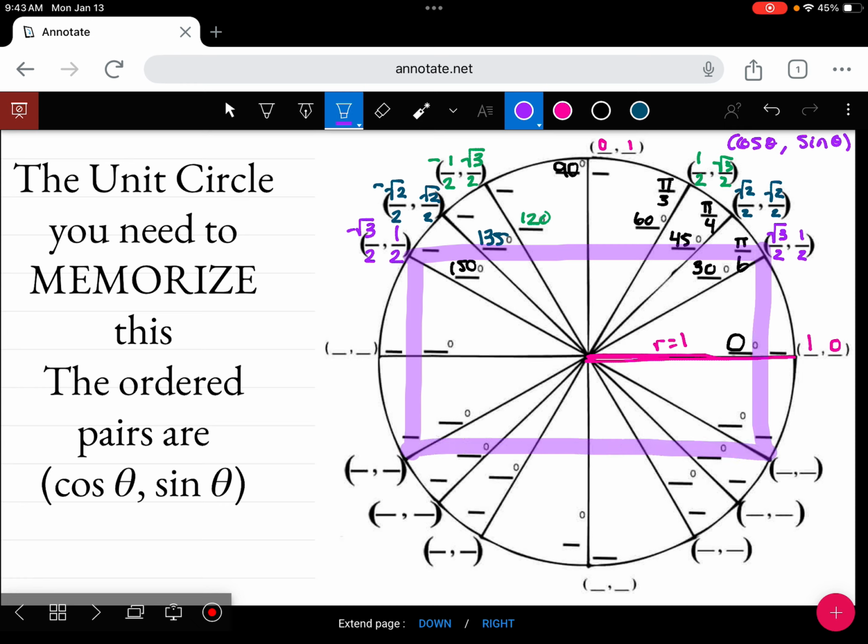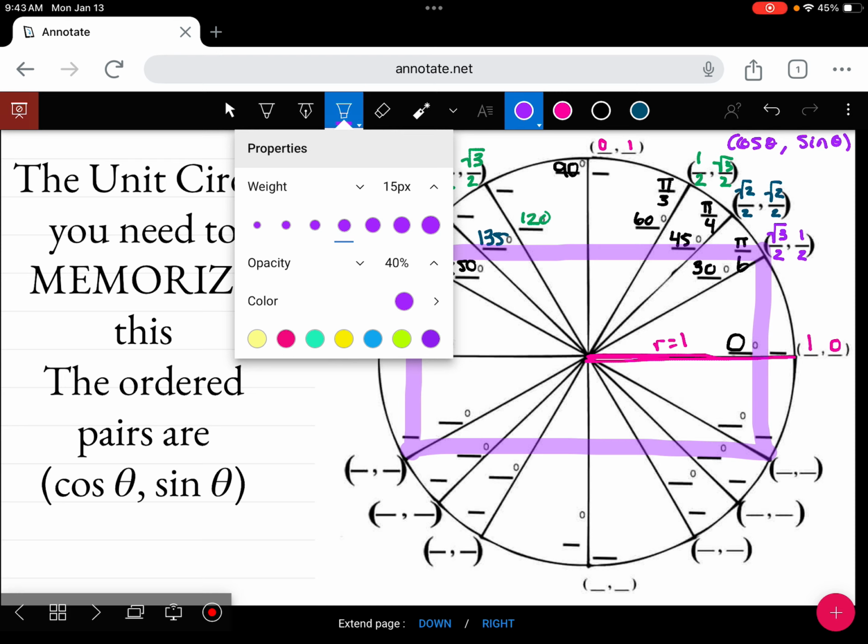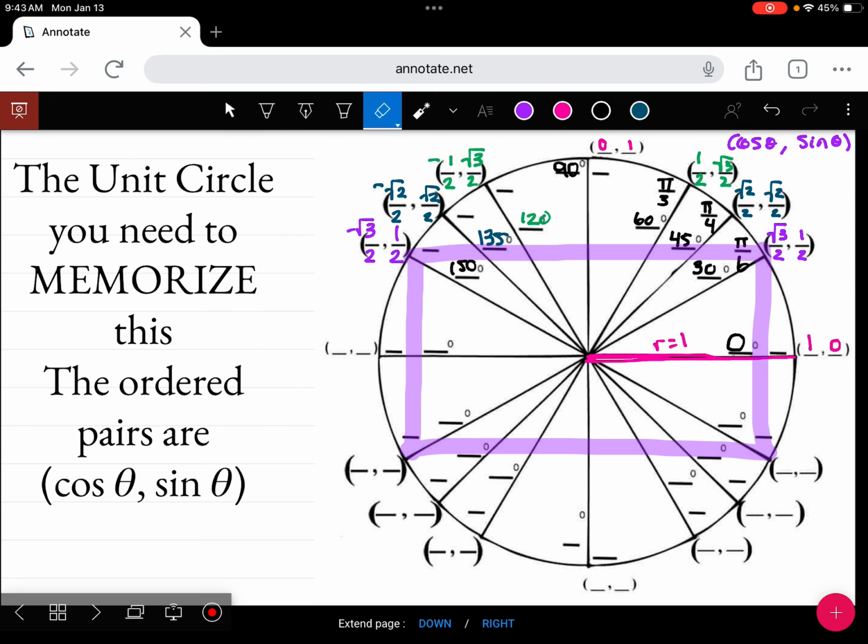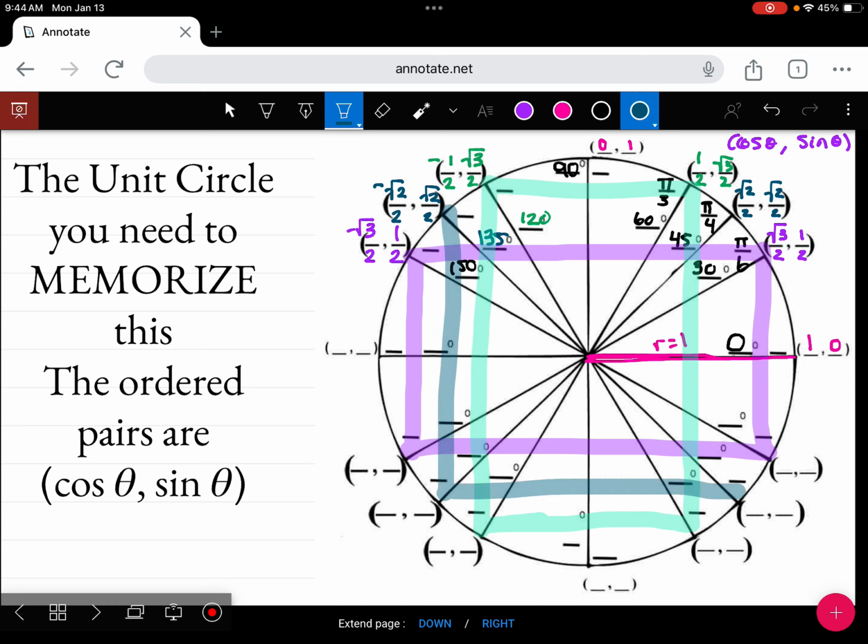They just have a change in sign. These pieces are going to have the same values, just with sign changes. And then these guys are going to have the same pieces, just with sign changes.